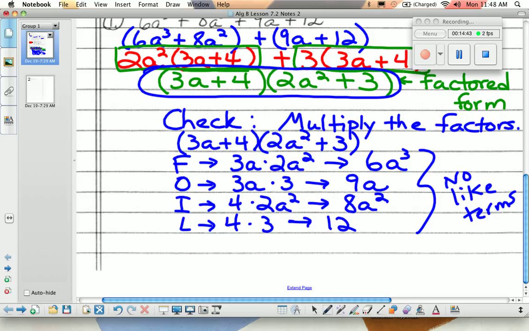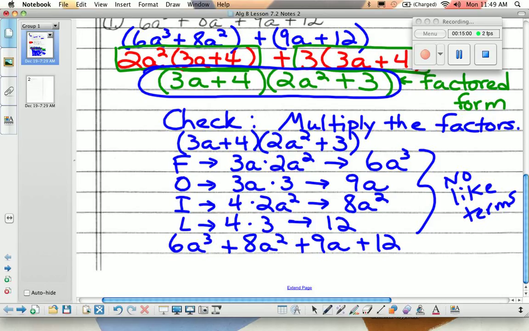So the one with the highest exponent is 6a cubed, plus the next one, 8a squared, plus the next one, 9a, and the next one is 12.